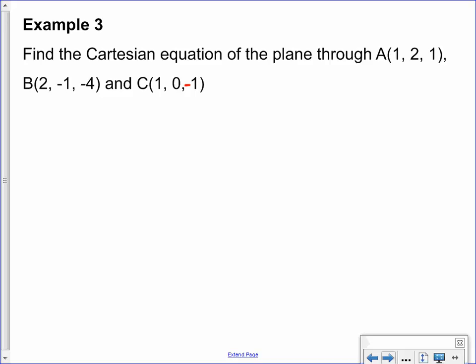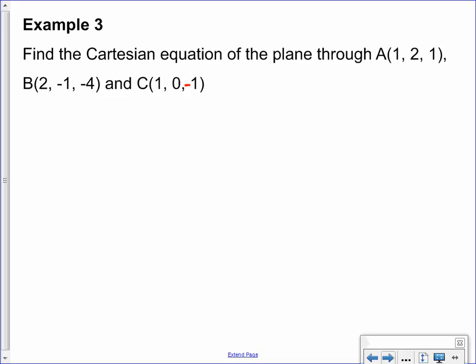Without that minus, it wouldn't work out. You could do your AX plus BY plus CZ, like 1x plus 2y plus 1z equals d, and solve for d using row reduction.